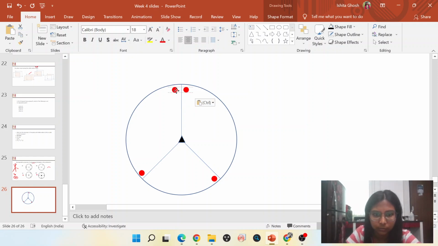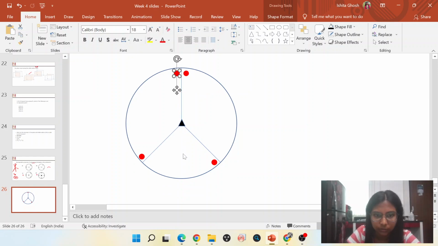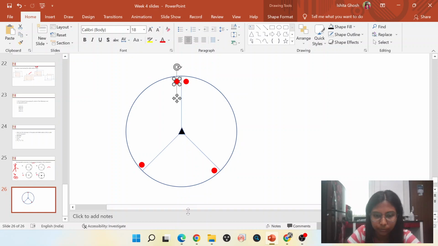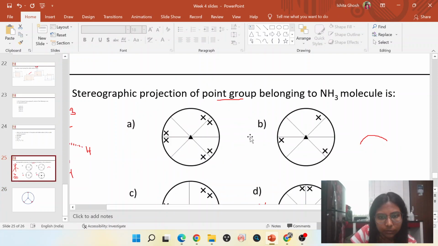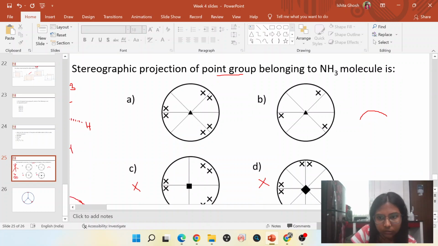This point will come here, then the mirror is continuing like this the whole place, so this will get reflected here, and this will get reflected here. So what is this resembling? This is resembling this one, right?